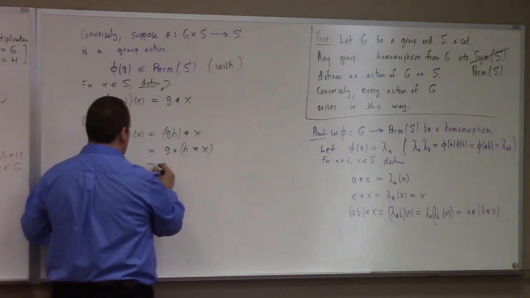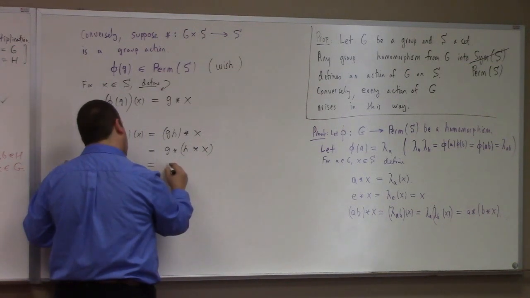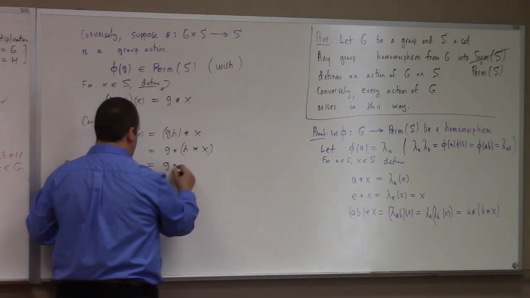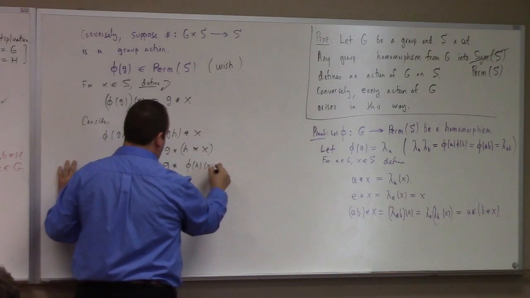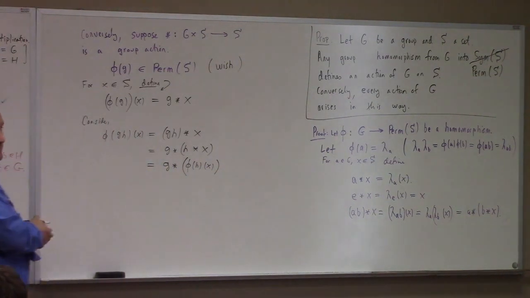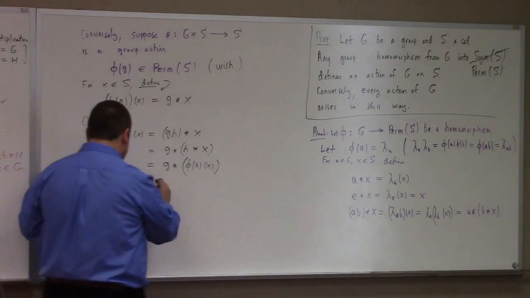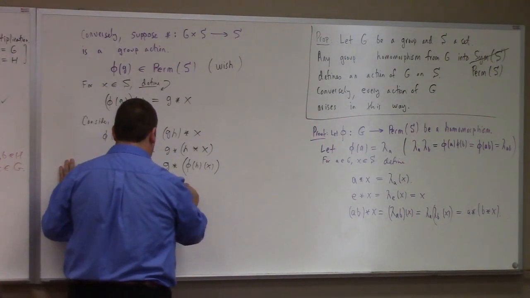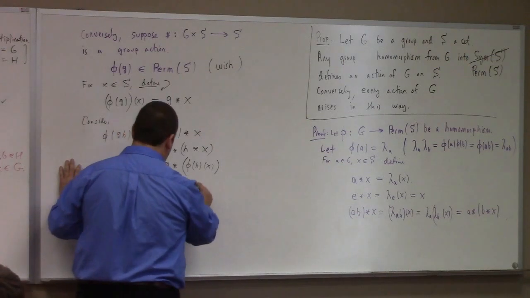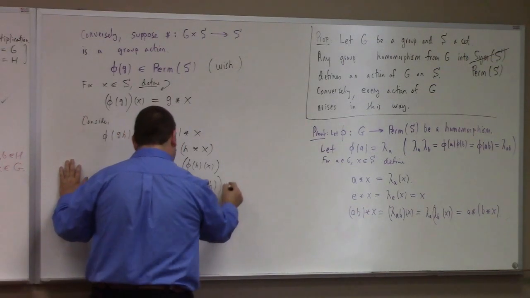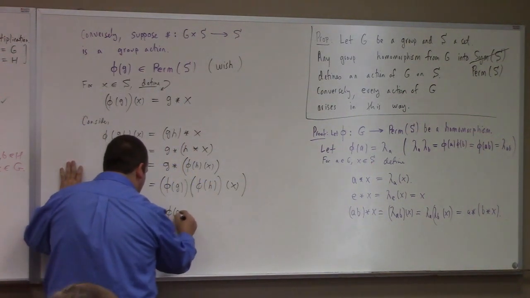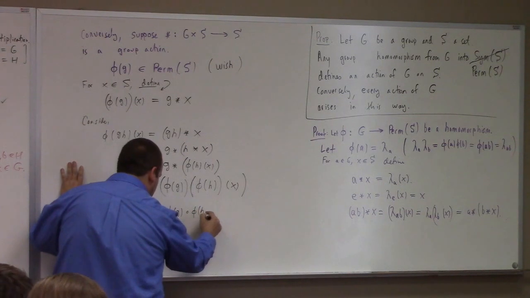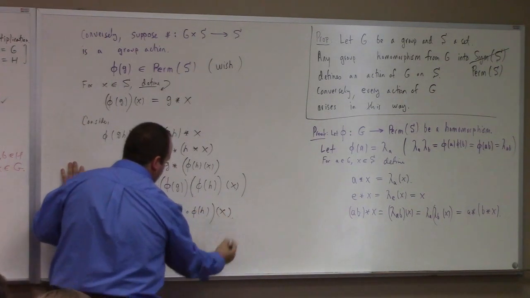That would be G star, now H star X would be phi of H of X, right? And applying the definition of phi once more, that would be phi of G of phi of H of X. A lot of parentheses, sorry. Or in a more civilized way of writing, phi of G composed with phi of H. All of this on X.